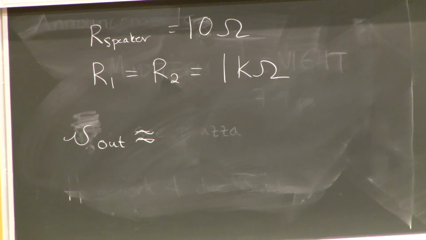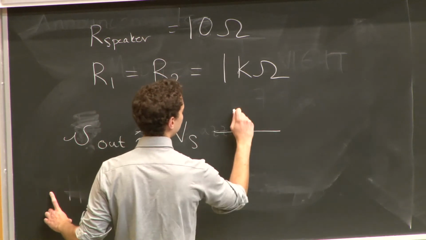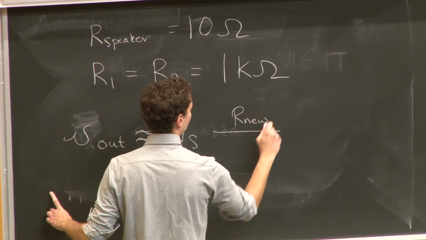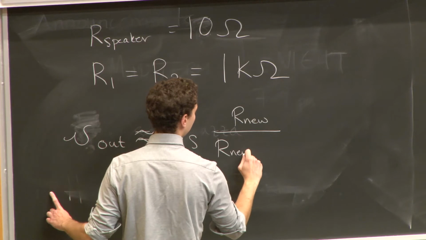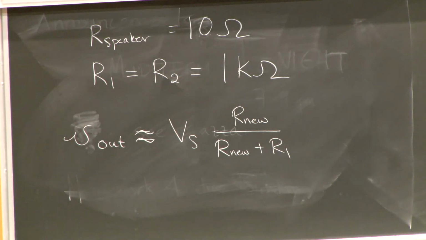An engineering approximation? Well, first off, what's my expression now? It's the source voltage times R new over R new plus R1, where R new again is the parallel combination of the speaker and R2. Clear?